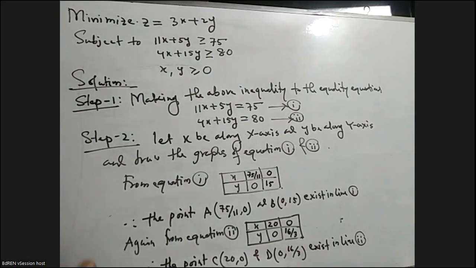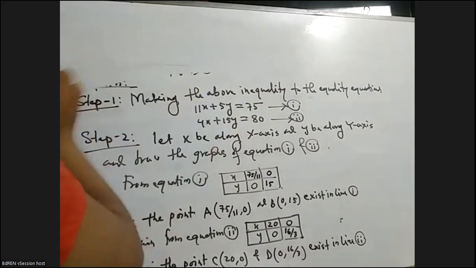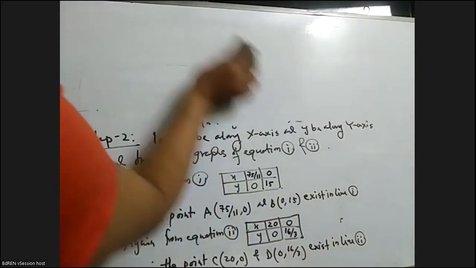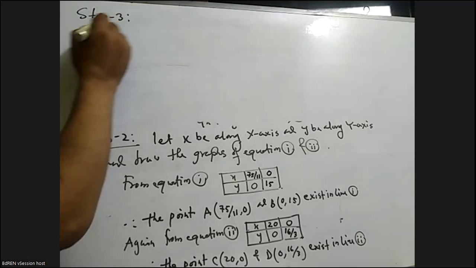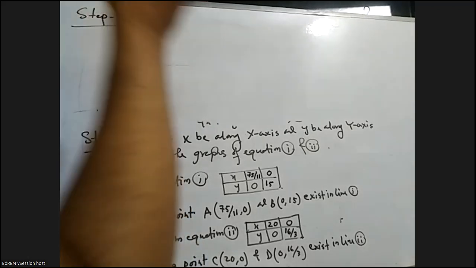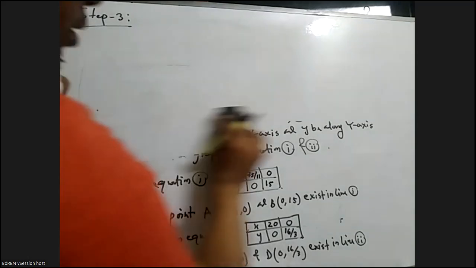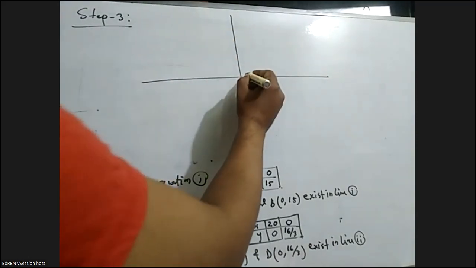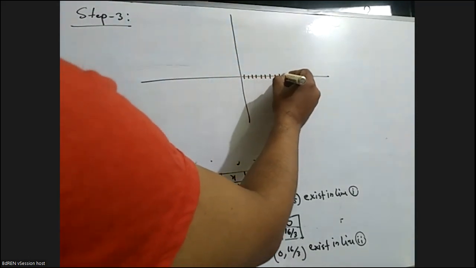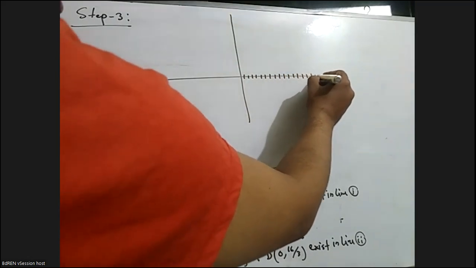Now, step 3. We have to draw the graph. Now, if we take the graph like this, just for plotting A, B, and C, D, suppose this is the graph, and here the maximum value of x is 20. 1, 2, 3, 4, 5, 6, 7, 8, 9, 10, 11, 12, 13, 14, 15, 16, 17, 18, 19, 20.